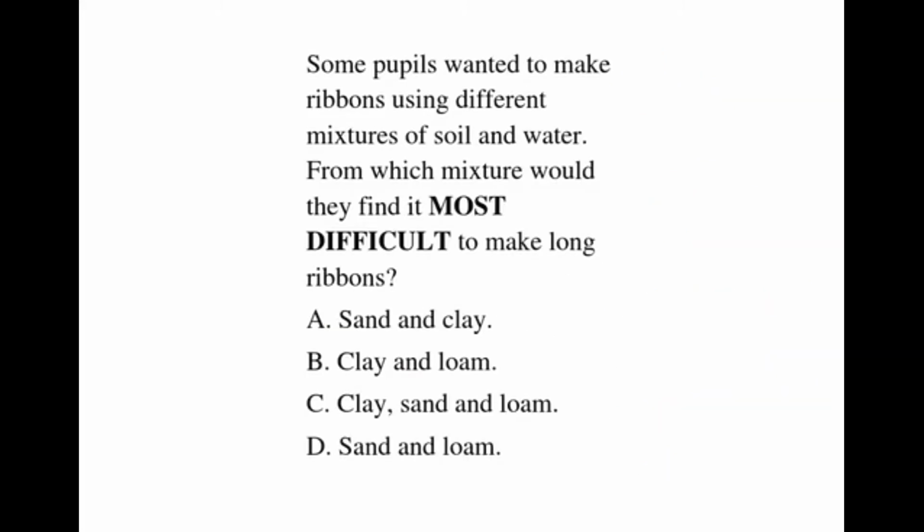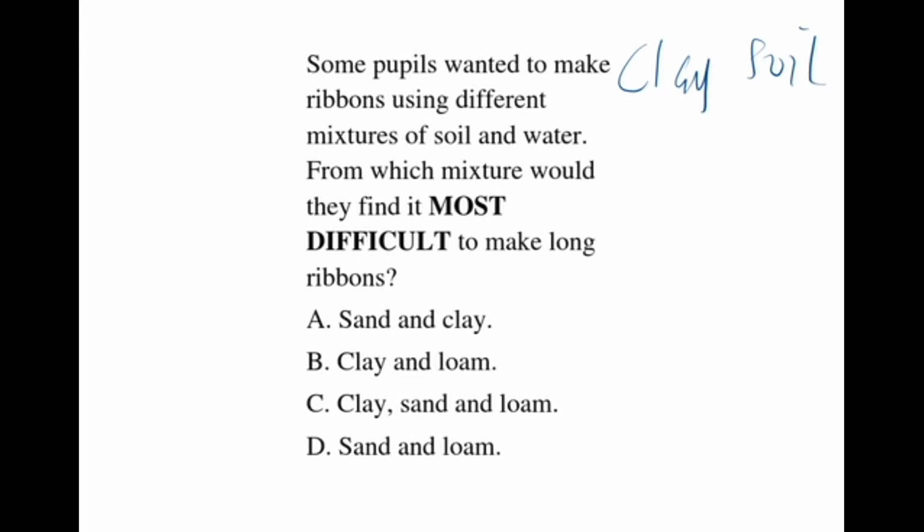Some pupils wanted to make ribbons using different mixtures of soil and water. From which mixture would they find it most difficult to make long ribbons? It is good to note that the only type of soil that can make good ribbons is clay soil.